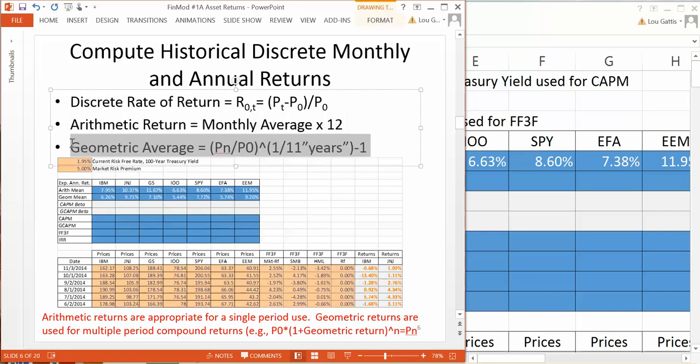But geometric mean, all you do is take the last price, divide by the oldest price, and raise it to the 1 over number of periods in your data. So this data has almost exactly 11 years.